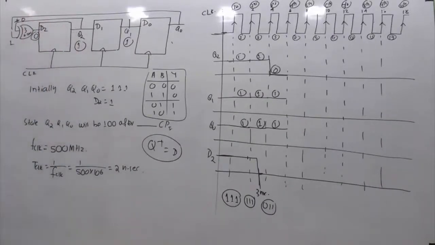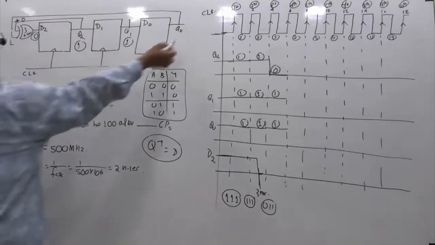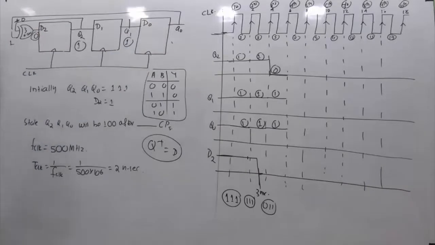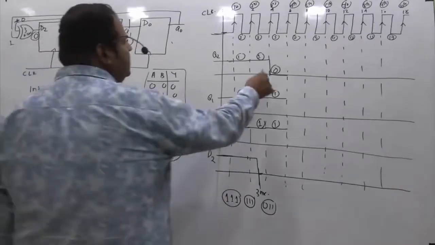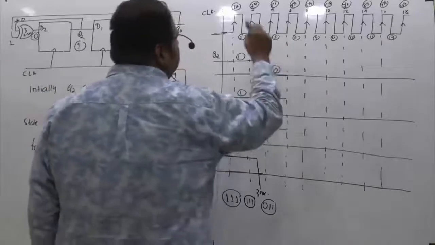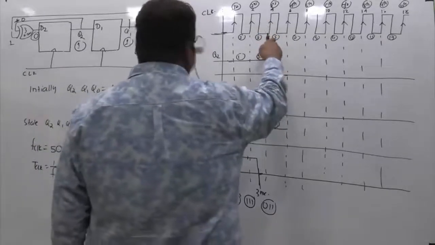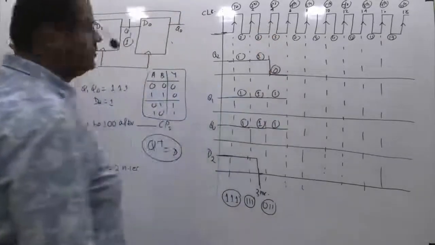And what is the status of Q0? Q0 is still continuing with 1. Are you getting it or not? Earlier it was 1 only, but now Q2 has become 0. So at what time is Q2 becoming 0? Just after this third clock pulse, that is at 4 nanoseconds, it becomes 0.